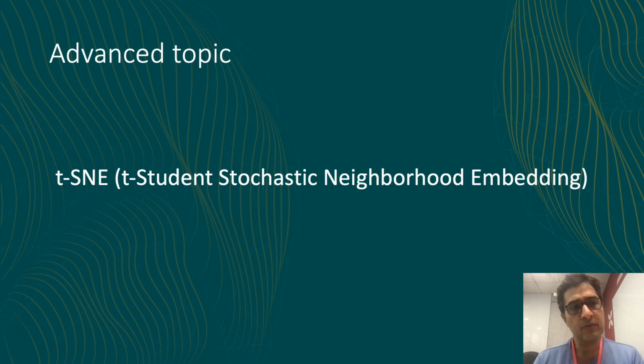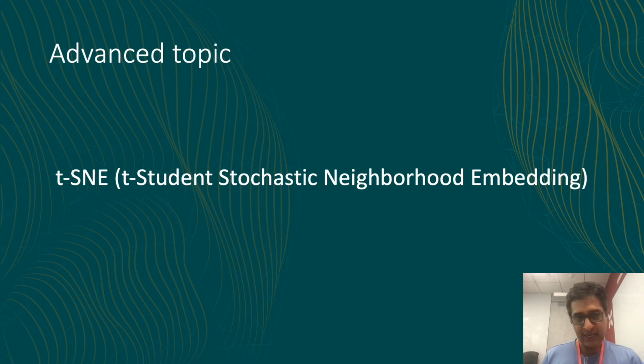We now come to a topic which is quite advanced, and it was quite revolutionary when it appeared. t-SNE solved one of the very open problems, I would say, in multi-dimensional scaling, and I'll just brief about what the overall problem is.